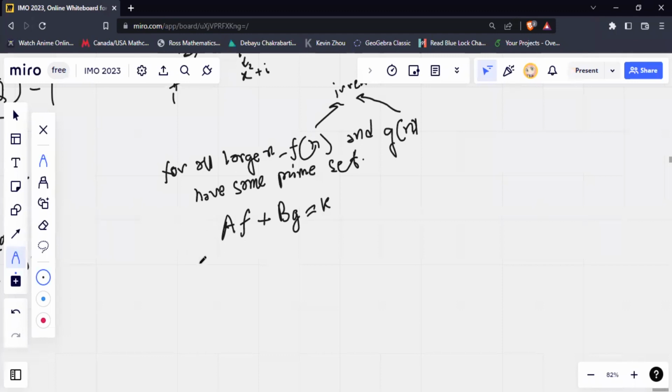Okay, so let's do what Anurag said at first. We pick large n, and this is true.